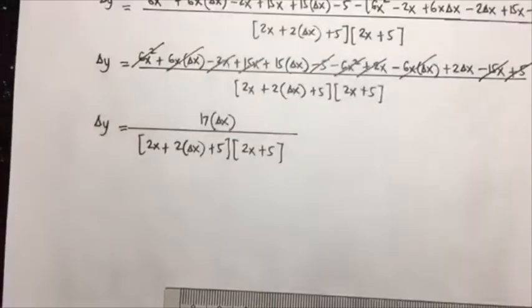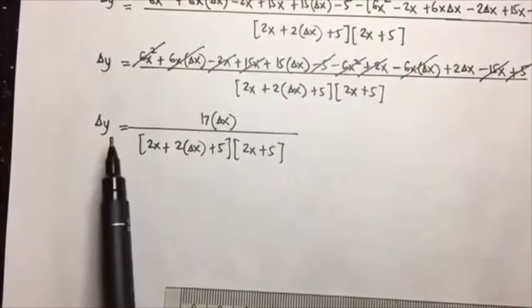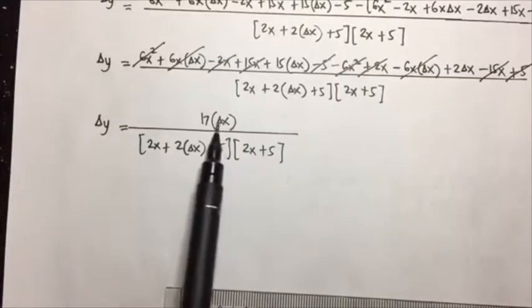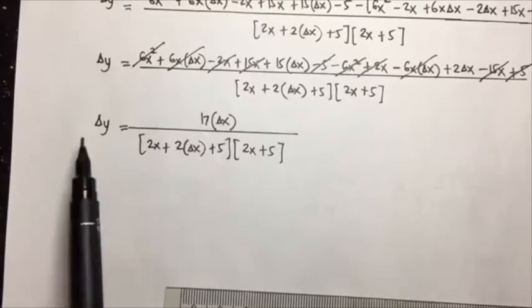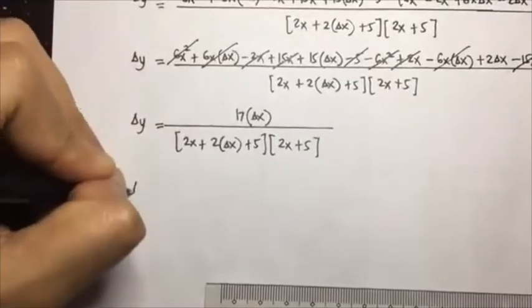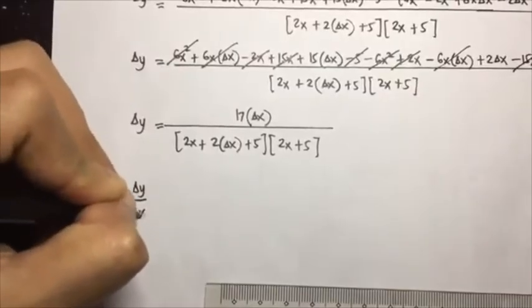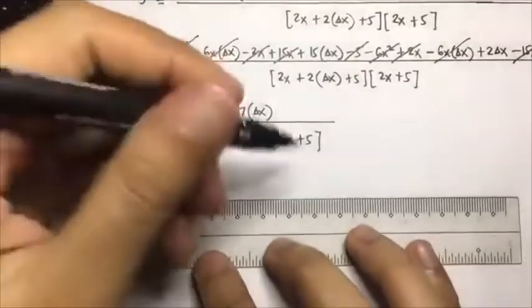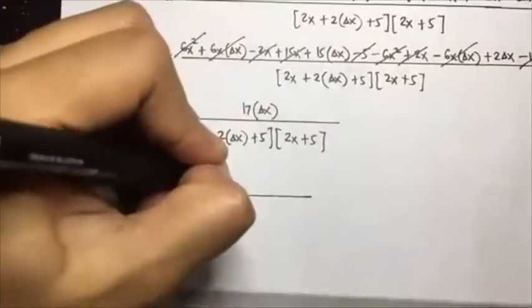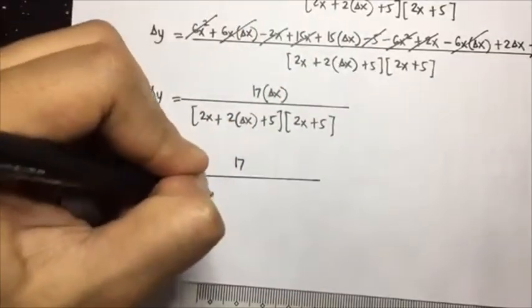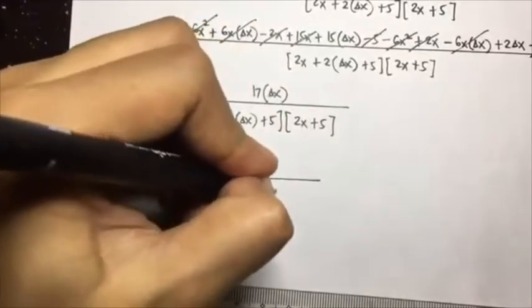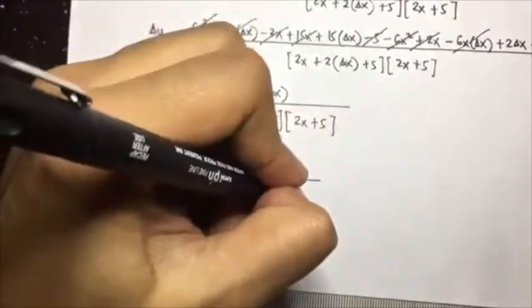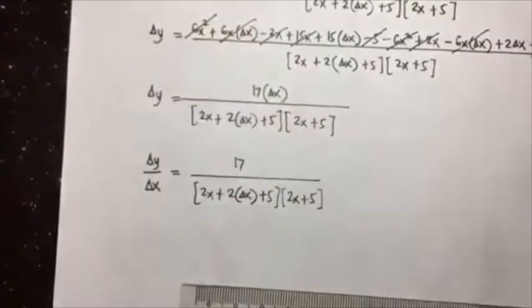Okay, since what we need is delta y over delta x, we can divide both sides by delta x, or since we only have one term delta x here, we can transfer that to the denominator of delta y. So therefore, delta y over delta x is equal to 17 over (2x plus 2 delta x plus 5) times (2x plus 5).